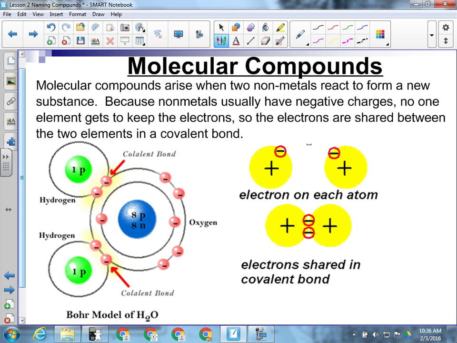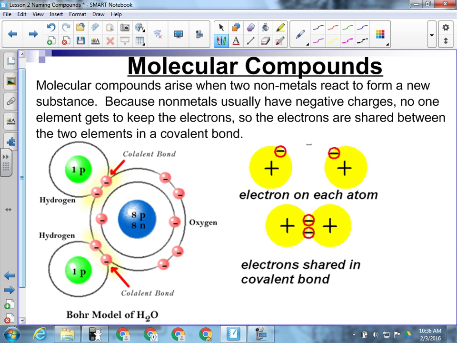Okay. So for molecular compounds, a molecular compound is made up of 2 nonmetals. Since nonmetals all have negative charges, there's no balancing of electrons, no balancing of charges that goes on. What we have to realize is that molecular compounds have a very different bond than ionic compounds do.